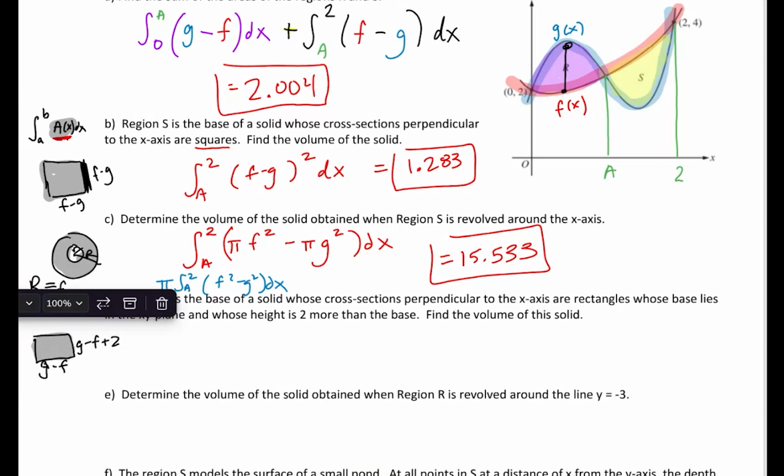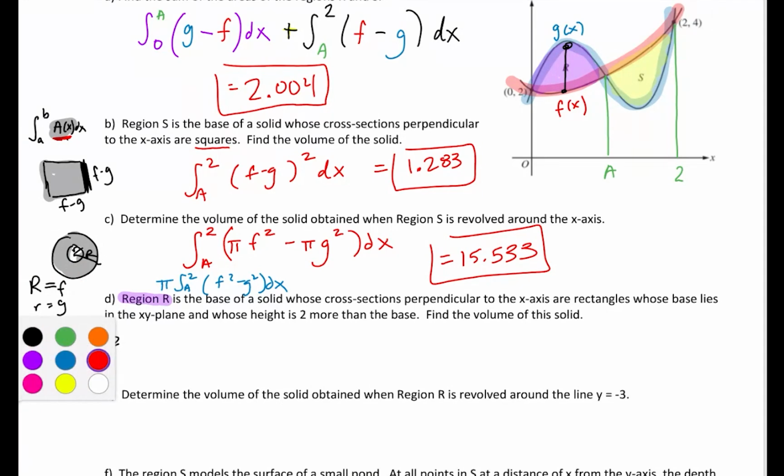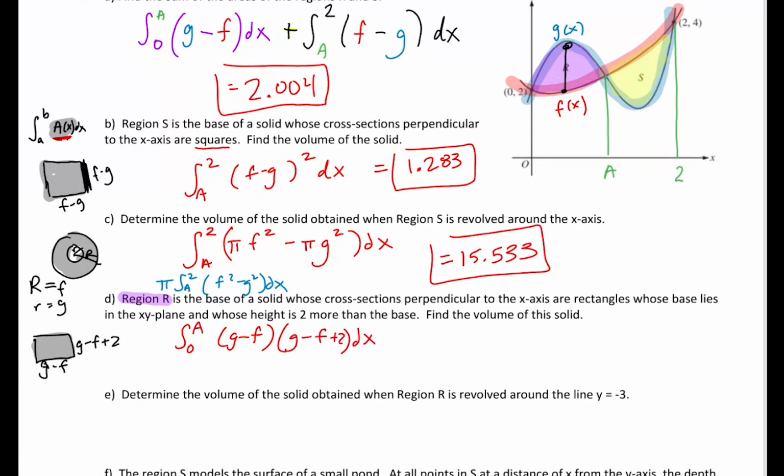The area of a rectangle is just base times height, so that's what's going to set up my integral. I'm going to go from, in this case, 0 to a. Base is g minus f, height is g minus f plus 2.